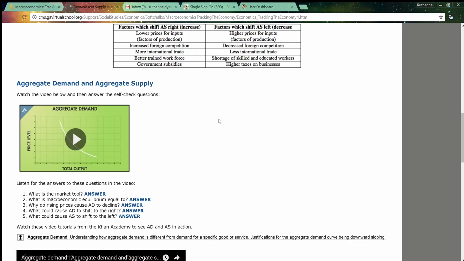Factors that shift aggregate supply to the right, so increase again. Lower prices for inputs means that they can get more inputs for the amount that they were originally paying. Increased foreign competition is going to always drive business forward.